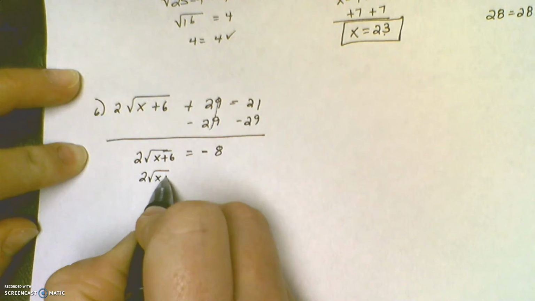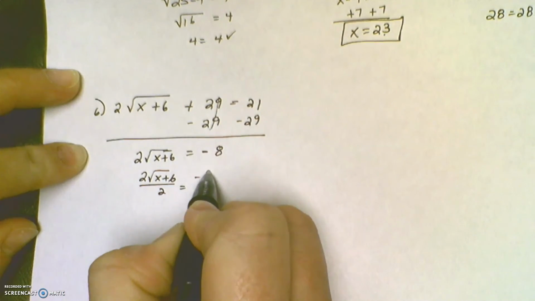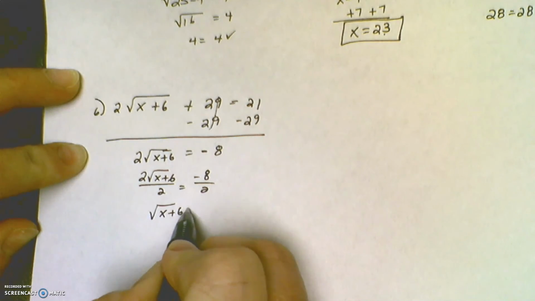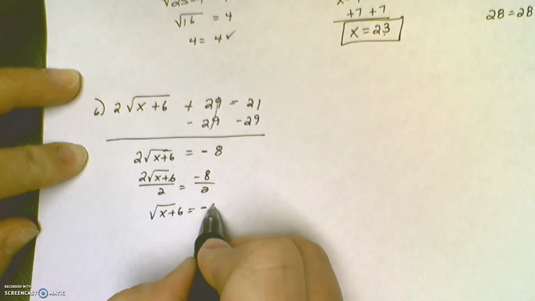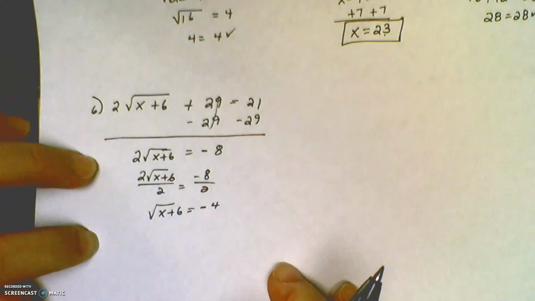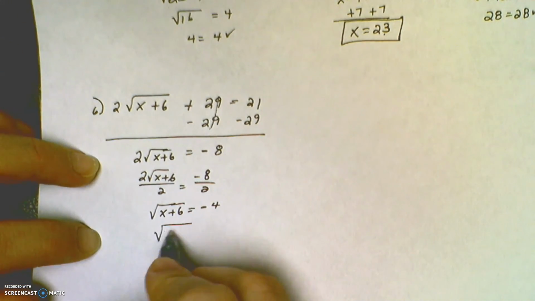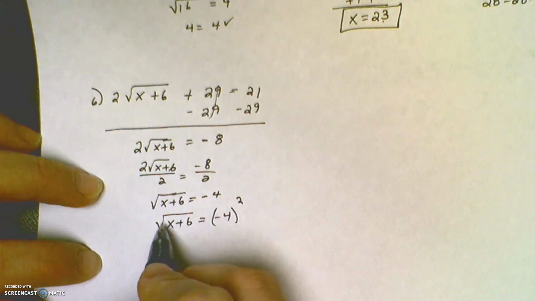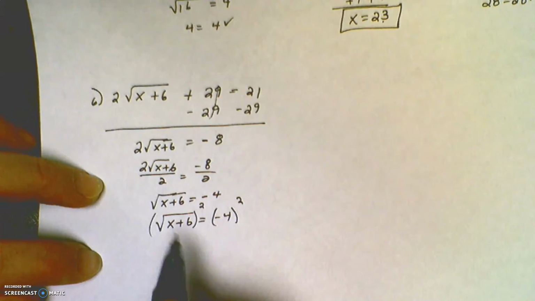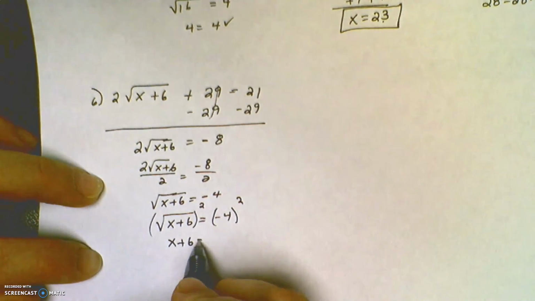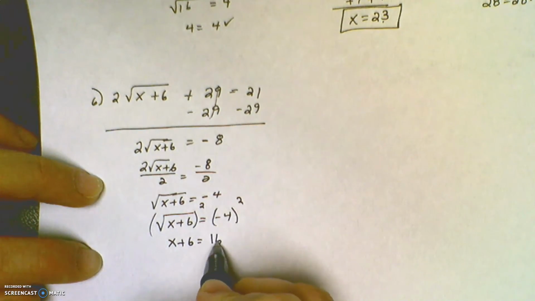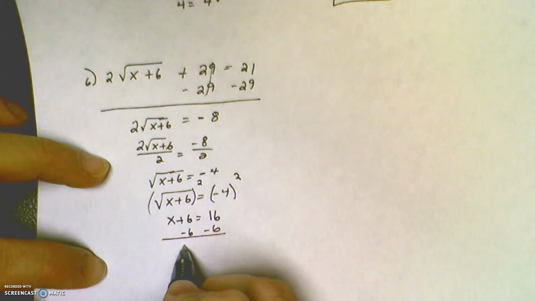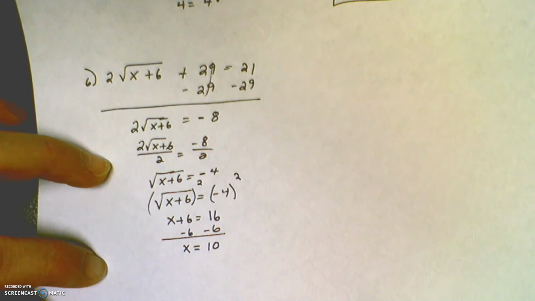Divide both sides by 2. Get the square root of x plus 6. Negative 8 divided by 2 is negative 4. The radical is isolated, so square both sides. Squaring a square root gives us x plus 6. Negative 4 squared is positive 16. Subtract 6. 16 minus 6 is 10.